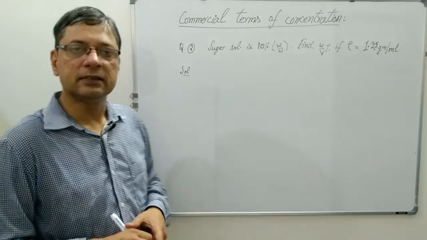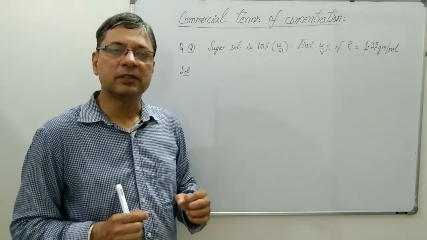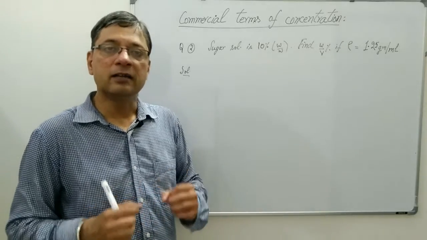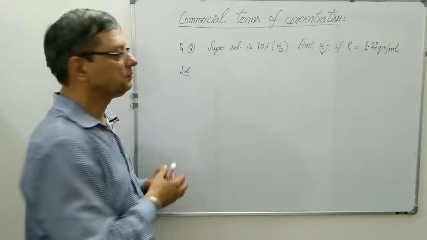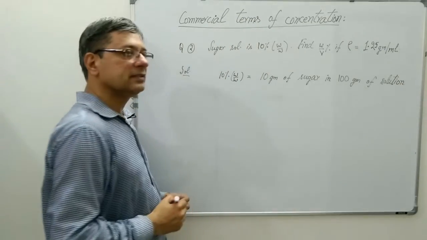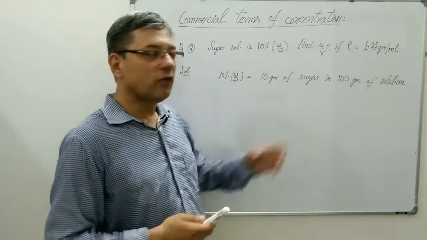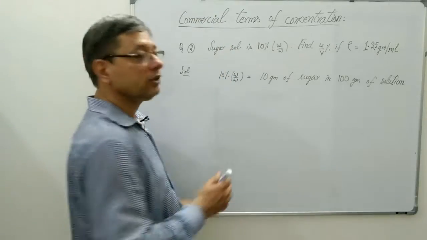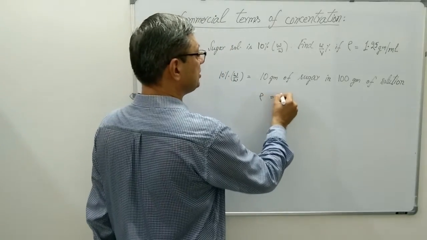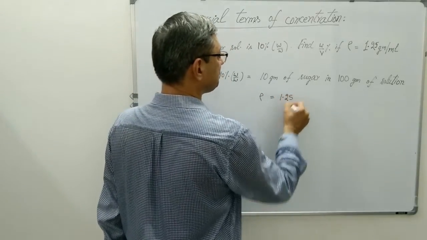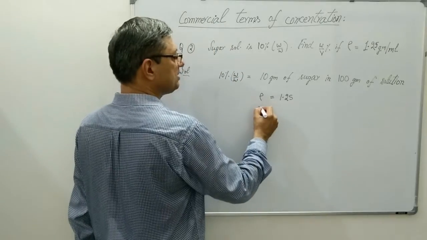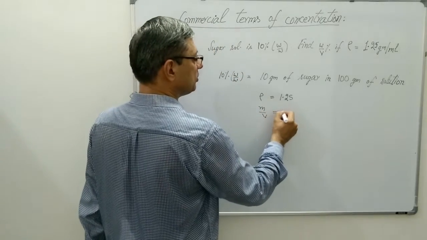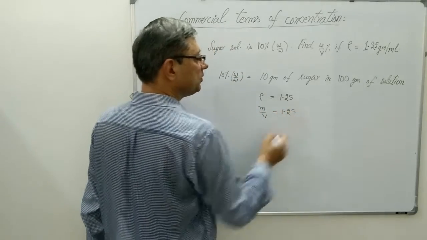10% weight by weight solution means 10 grams of sugar in 100 grams of solution. It means there are 10 grams of solute and 100 grams of solution. The density of the solution is also given, and that is equal to 1.25. Density means mass upon volume of solution is equal to 1.25.